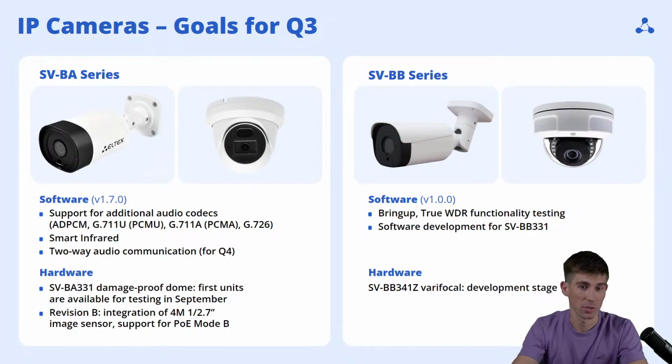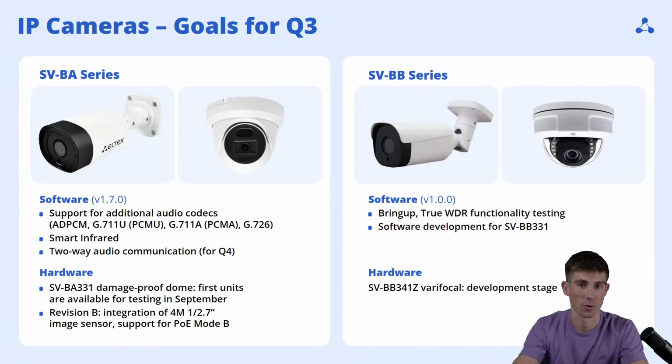With the BB series, they are at very early stages right now, but this is the equipment we are counting on because of the more advanced CPU. It's going to support true WDR, way more advanced video quality and wide dynamic range.